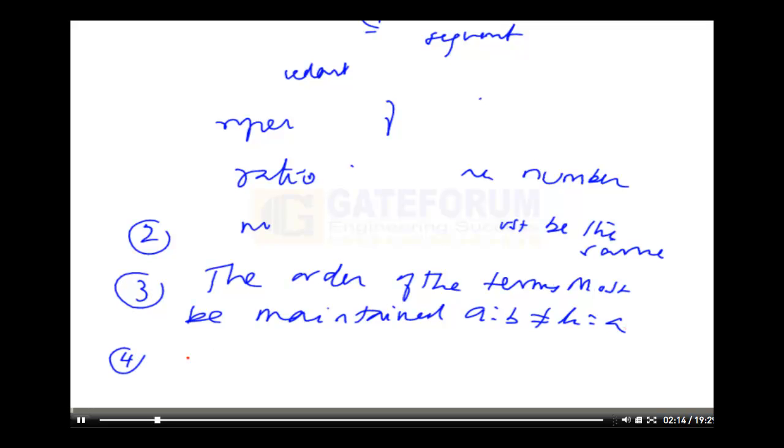Number four, I can write 3 is to 4 as 6 is to 8 or 30 is to 40.